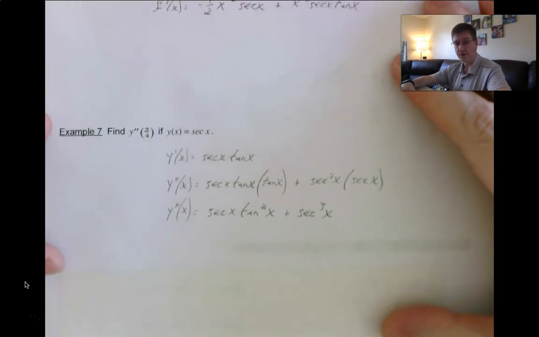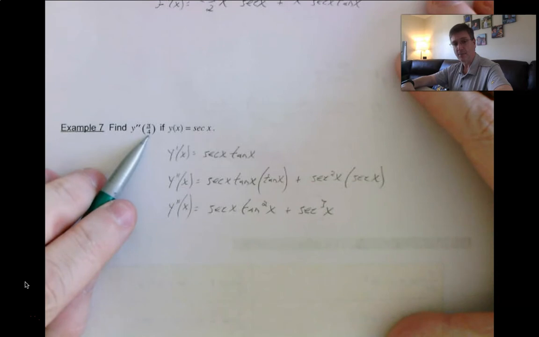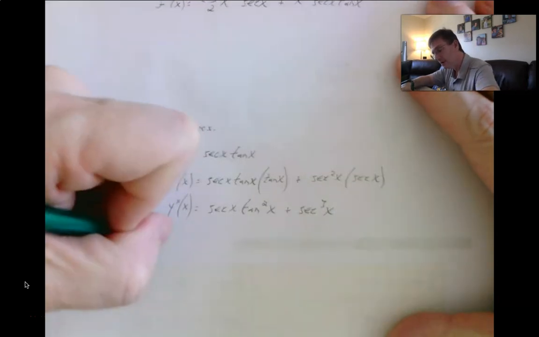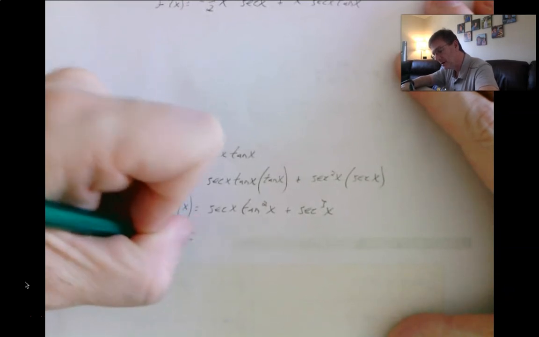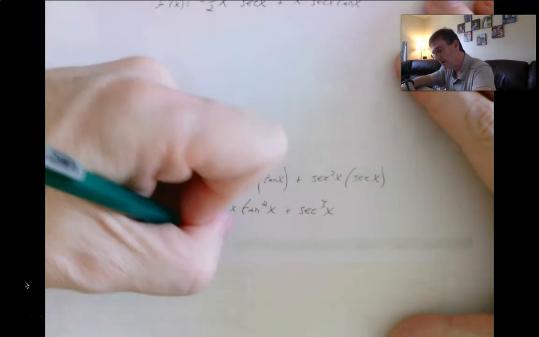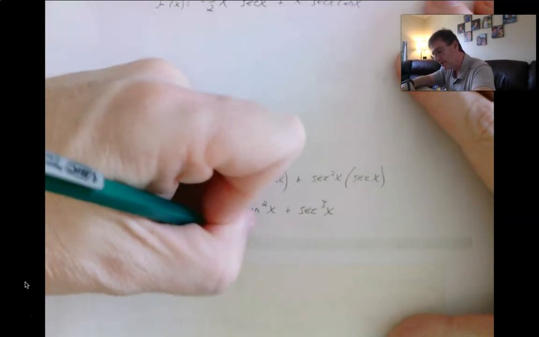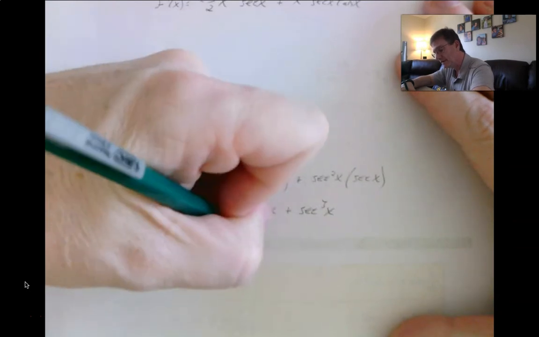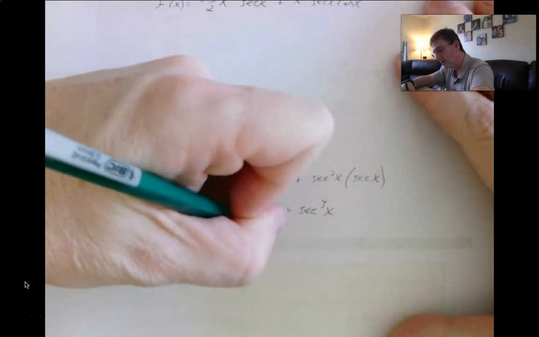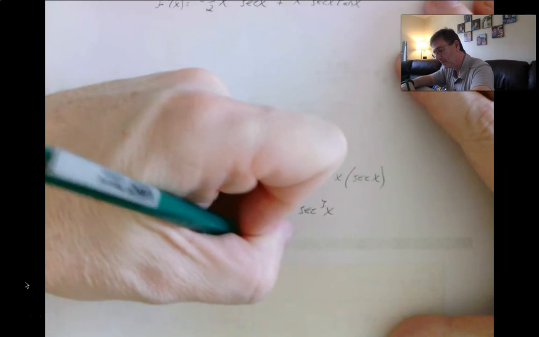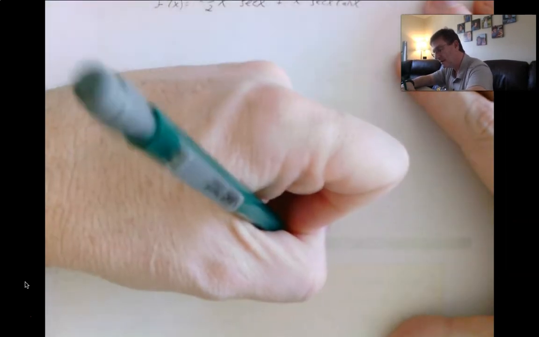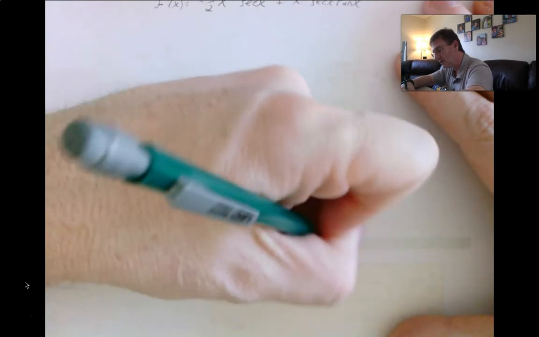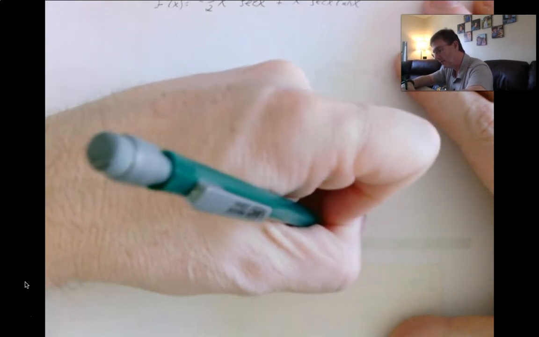What we want to do now is evaluate this at pi over 4. And this involves our unit circle values. Y double prime of pi over 4 equals secant pi over 4 tangent squared pi over 4, start putting these in parentheses, plus secant cubed pi over 4.